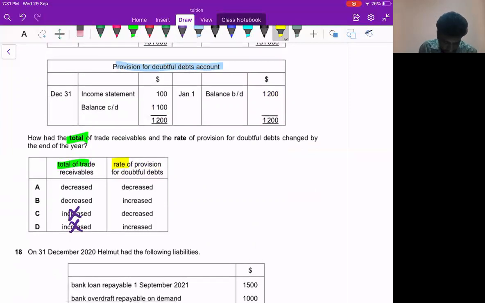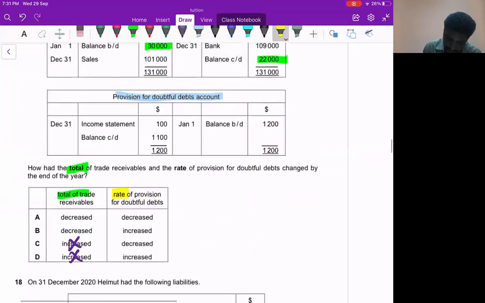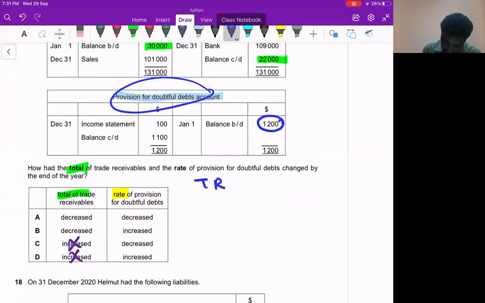So, 1,200. How did they get the 1,200? How to calculate the PDD? You take the trade receivable times the percentage, you get the PDD. I'm talking about the first one, the 1,200. Your PDD is 1,200.